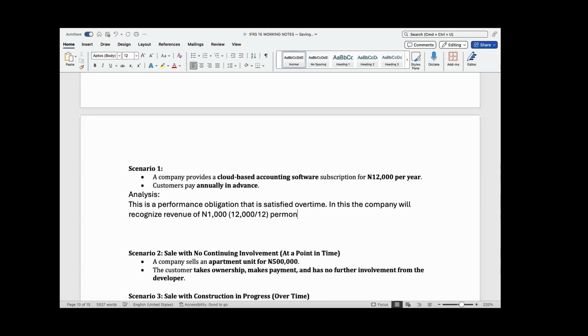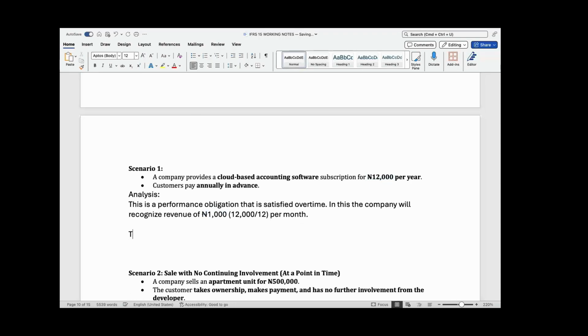You will recognize that per month. So the amount of revenue this company can recognize per month is 1,000.